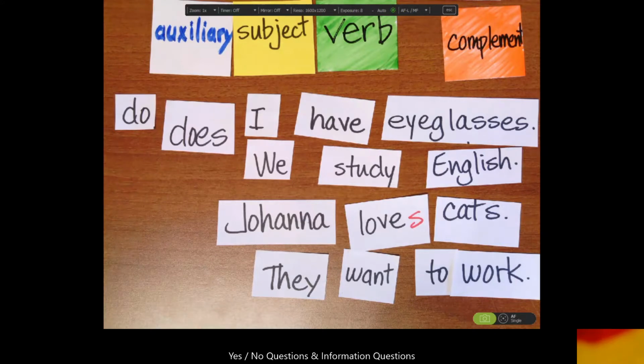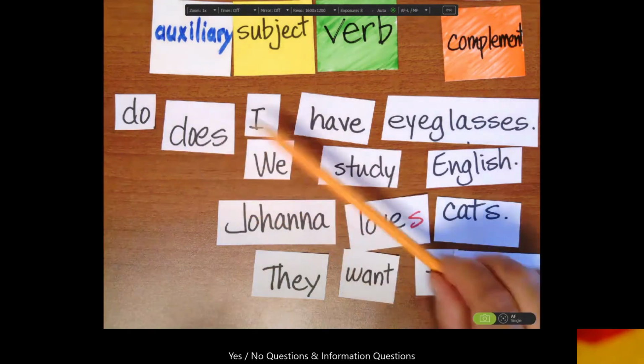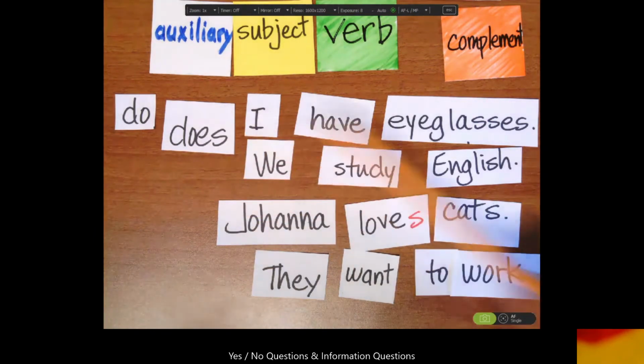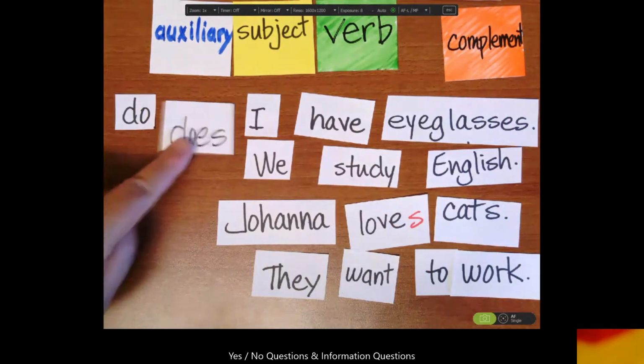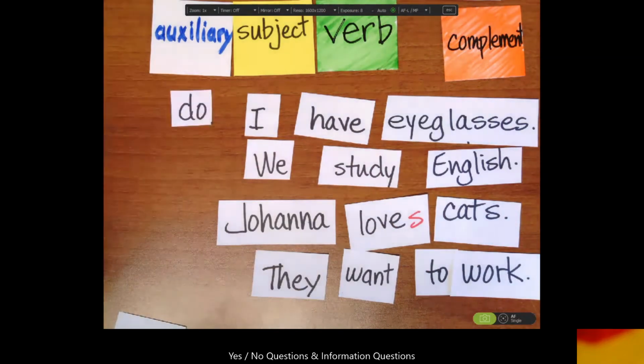And if it is a question, don't forget you have to add the question mark at the end. This do or does has to conjugate with the subject I. Which one works? Do is correct. So, do I have eyeglasses? Now it becomes a question.